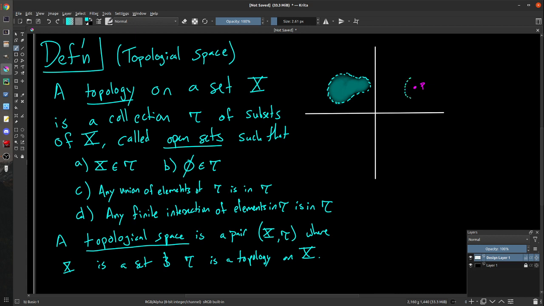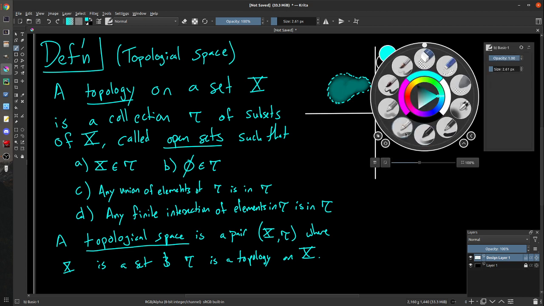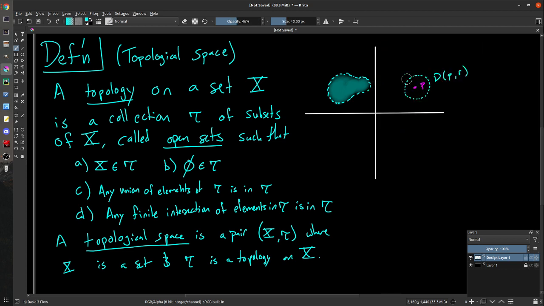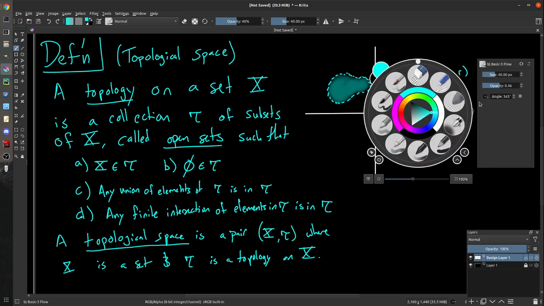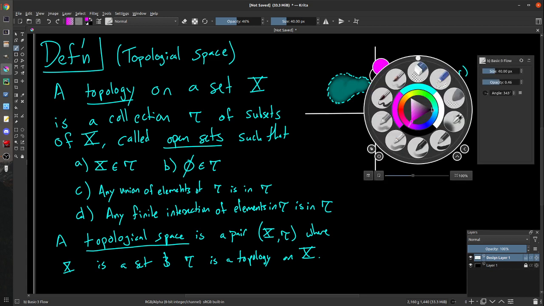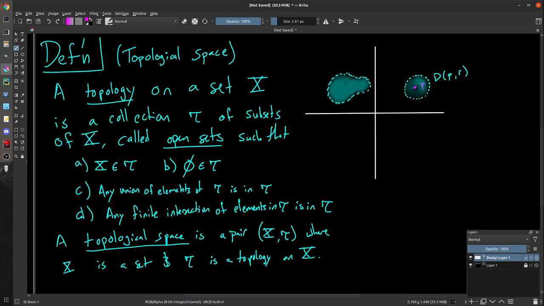So the disk about P of radius r, which they denote by D(P, r), uncreatively, is just this nice circle of radius r about that point right there. So that's the disk of radius r about P.